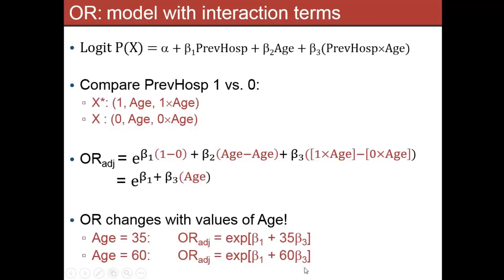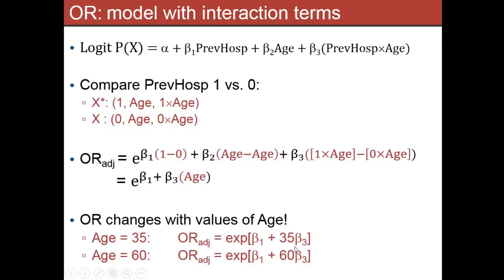Okay, so there is no one answer anymore. It's now complicated. And that makes sense when you think about what it exactly means to have effect modification or interaction. It means that the odds ratio, the measure of association, is changing across the values of the other variable. The effect of previous hospitalization is modified by age. It's changing according to age, and there's no one answer anymore. A 35-year-old has a different answer than a 60-year-old.